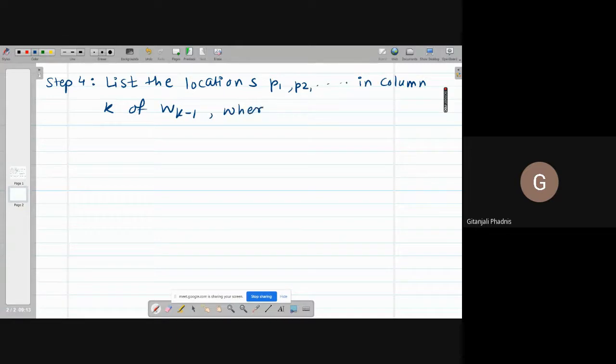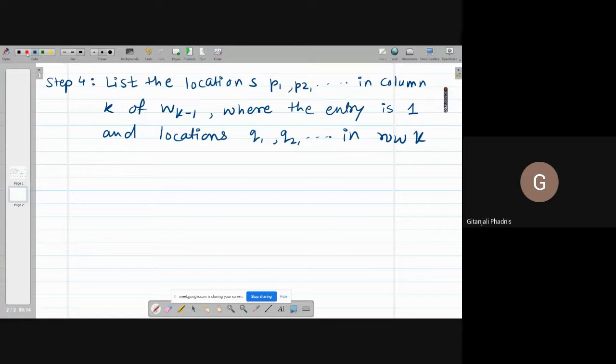where the entry is 1, and locations Q1, Q2 and so on in row K. So please try to understand, this is column. First we will start with column and then row.